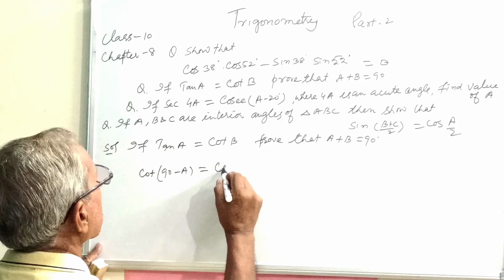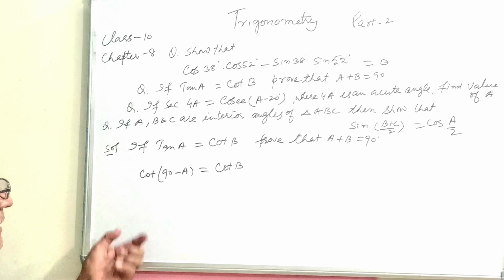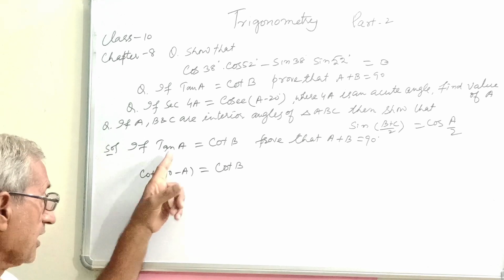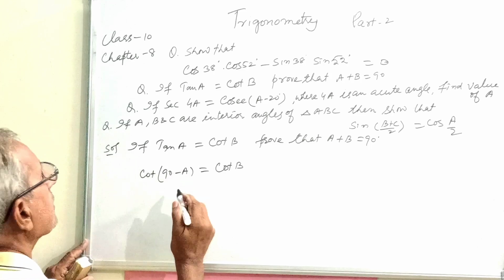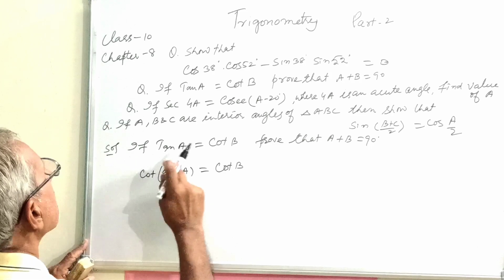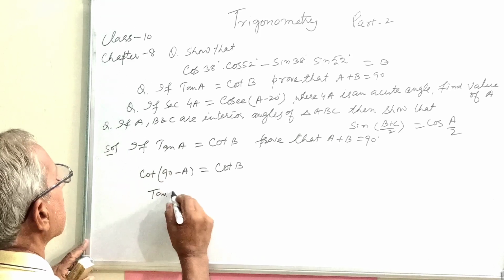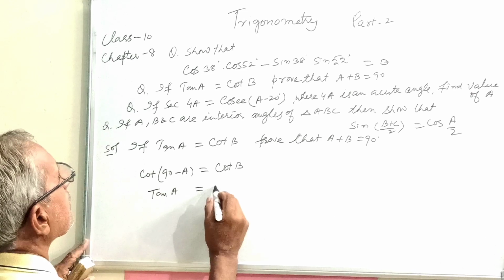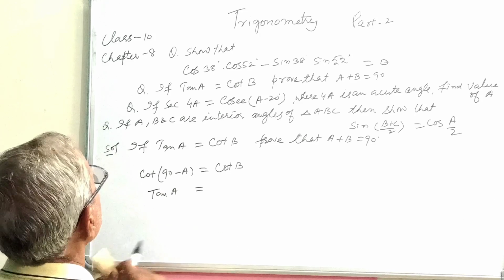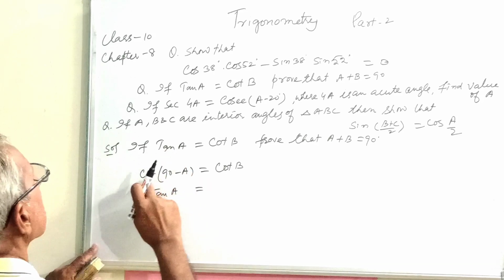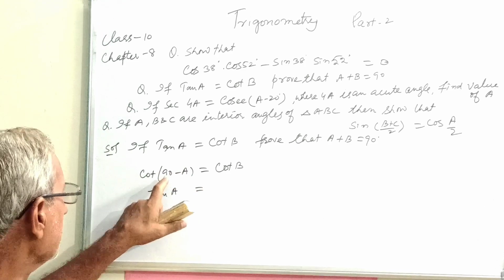The right hand side is cotangent B. So we have changed only one side of the given equation, the left hand side. So cotangent 90 minus A.